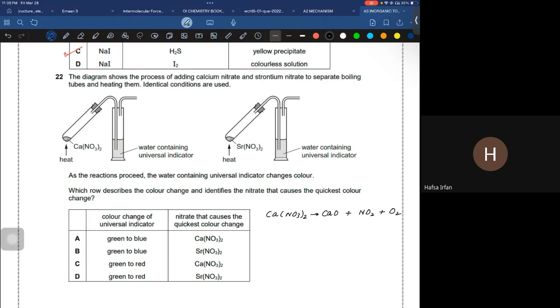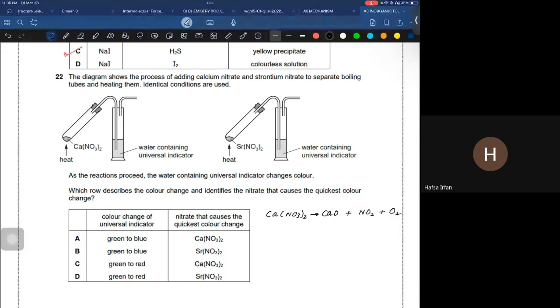The nitrate that causes the quickest color change would be calcium nitrate as compared to strontium nitrate. If you are thinking, sir, how do you know this? If you remember, we used to discuss thermal stability. Thermal stability of group 2 nitrates increases down the group. है ना? क्यों?